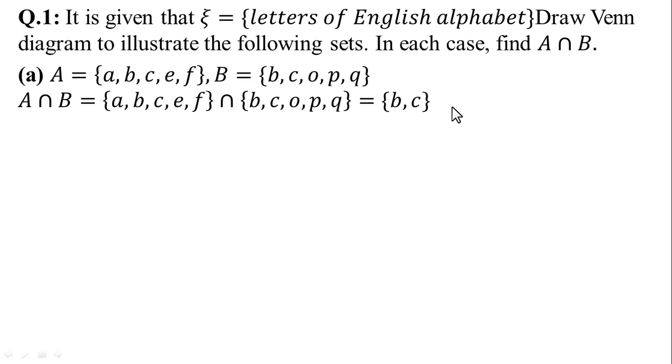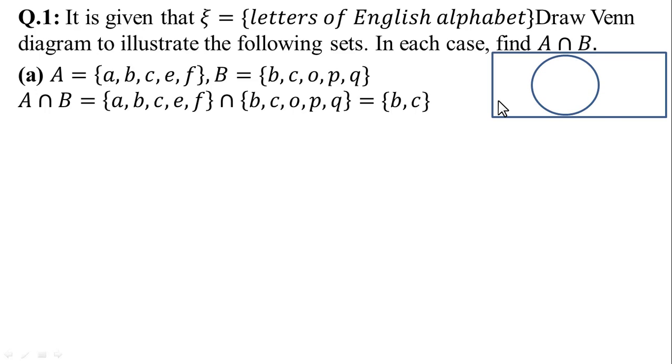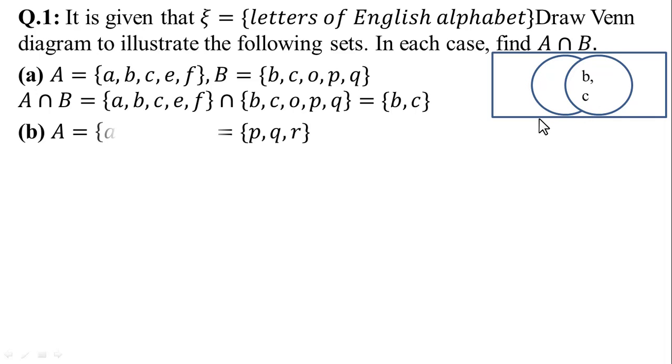The Venn diagram according to the given sets: this is the universal set, and we draw the first set and the second set. B and C are common elements, so both sets are overlapping.